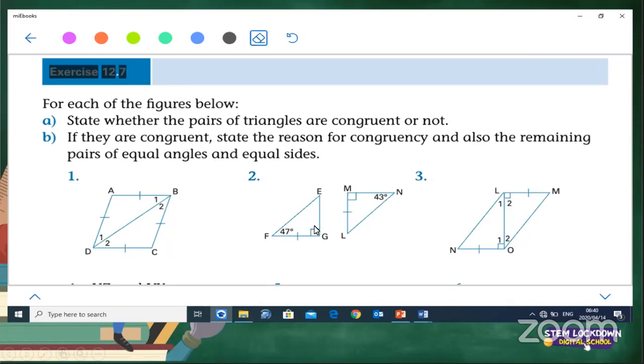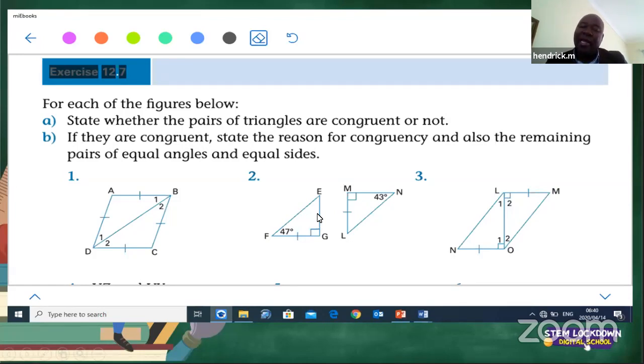Then of course you'll have 90 degrees. So you can conclude that the two triangles will definitely be congruent. As you can see, you've got 90 degrees, 47 degrees, and 43 degrees there. The same goes for the last one: you have 90 degrees, 43, and 47. So you can make a conclusion that the two triangles are congruent.